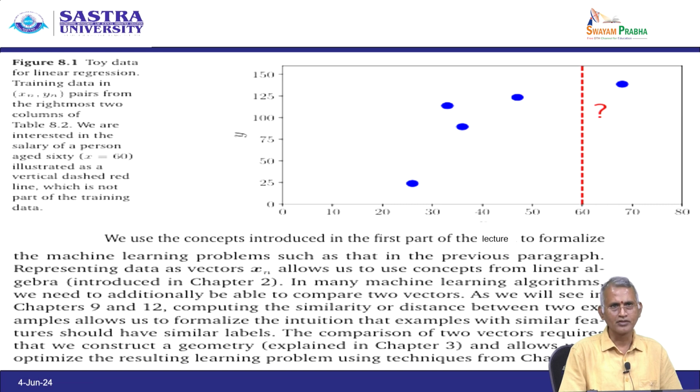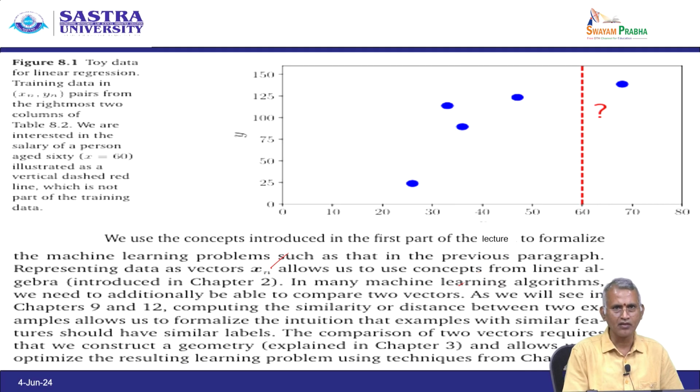We use this concept to introduce the first part of the lecture, to formalize the machine learning problem, such as in the previous paragraph, representing the data as vectors, which allows us to use concepts from linear algebra already introduced in many machine learning algorithms. We need to additionally be able to compare two vectors, as we will see in the chapter.